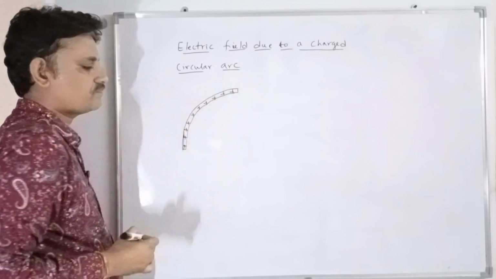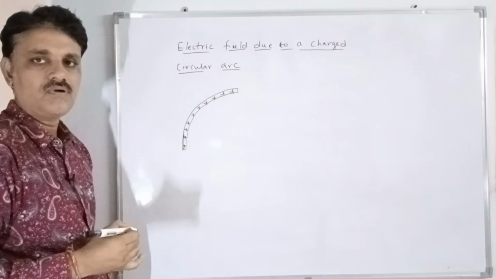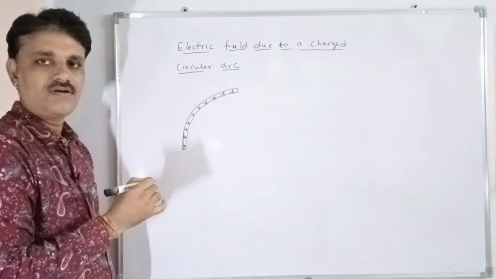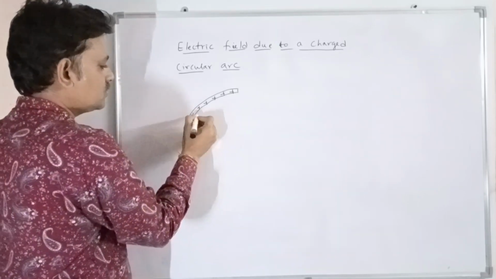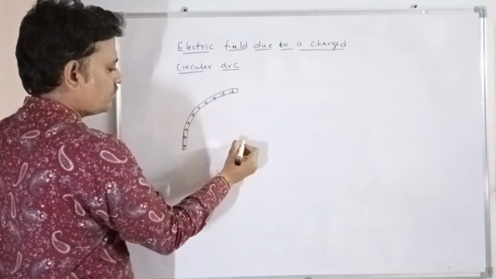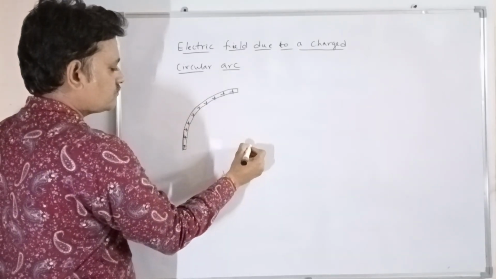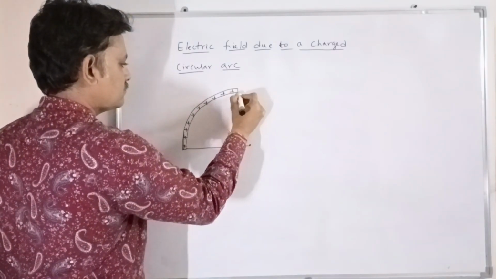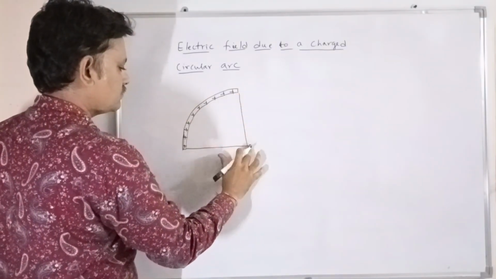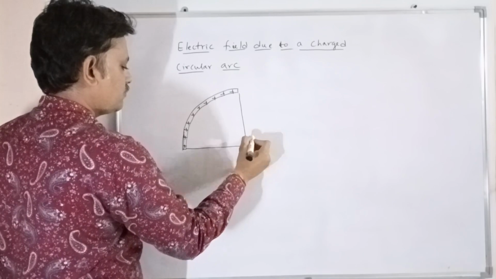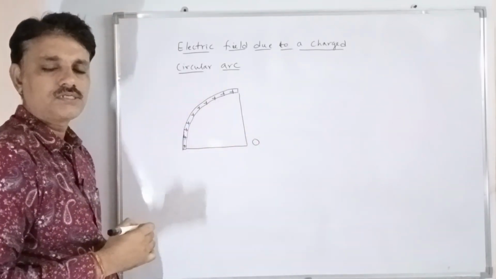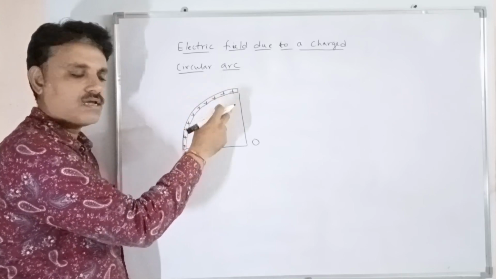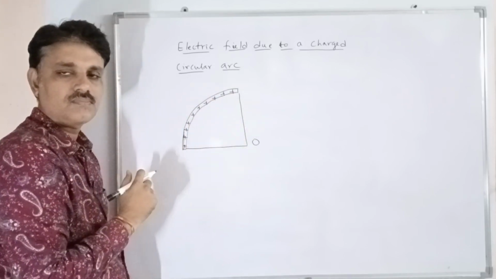Our aim is to calculate the electric field with respect to this positively charged circular arc at a point O. This is the point O.